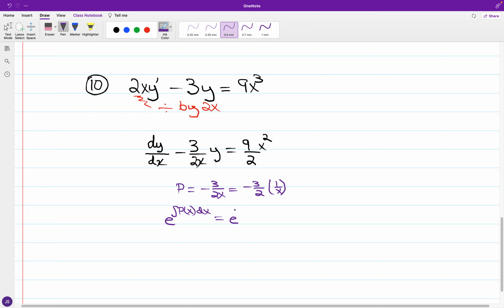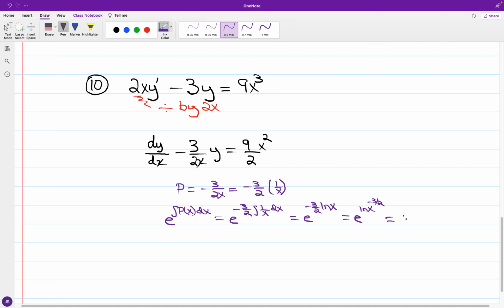So we can say we have e to the negative 3 halves of the integral of 1 over x dx is equal to e to the negative 3 halves of the natural logarithm of x. And again, rewriting the coefficient as an exponent, you have e to the natural logarithm of x to the negative 3 halves.